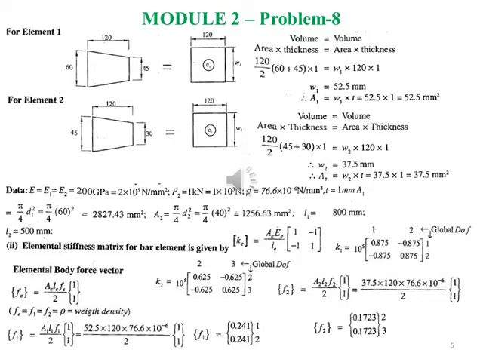The force vector F is equal to A into L into rho divided by 2 into 1 and 1, where rho is the weight density. So it is 37.5 into 120 into 76.6 into 10 power minus 6 divided by 2, which is the value of F2. Similarly, F1 we will get along the same lines. So F1 value is 0.241 and F2 value is 0.1723.